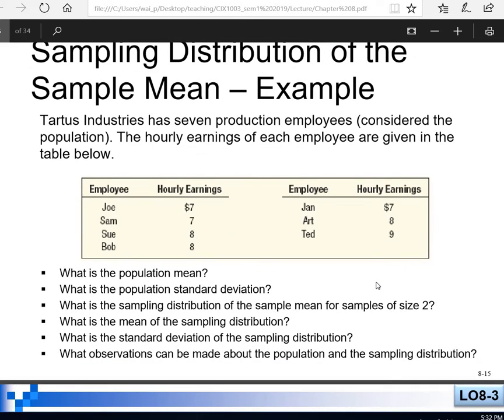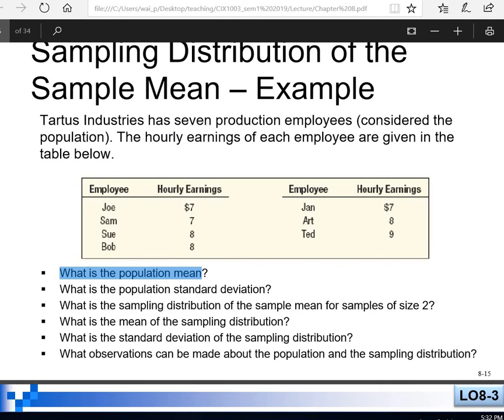Okay, let's go to the example. Now we have 7 production employees, and the hourly earnings of each employee are given and summarized in the table. A. What is the population mean?